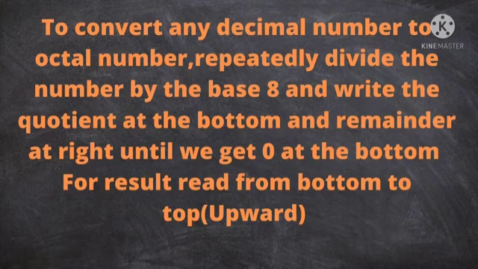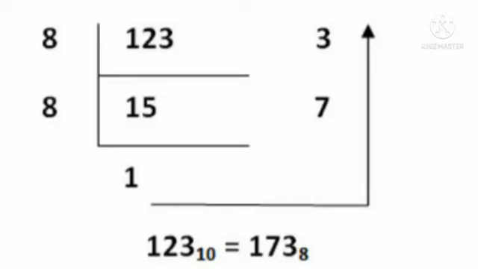We will see one example for converting decimal to octal. So here is an example. Here the value is given as 123. We divide this value by 8 and write the remainder at the right side, and write the quotient at the bottom.